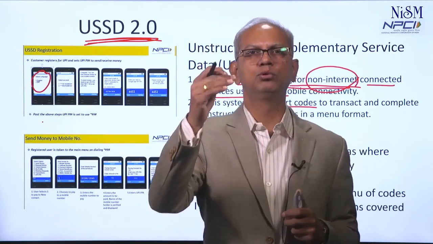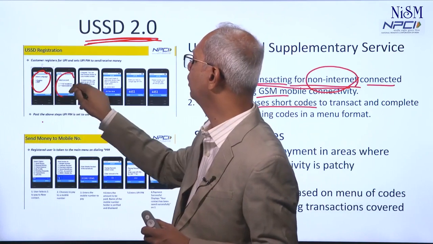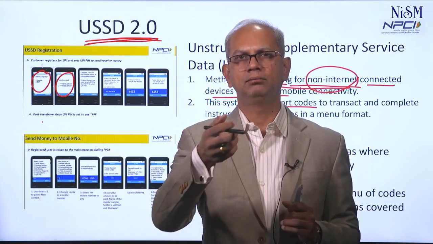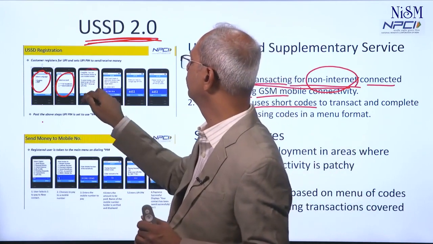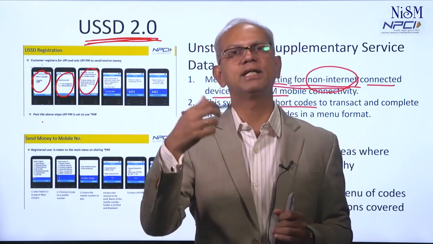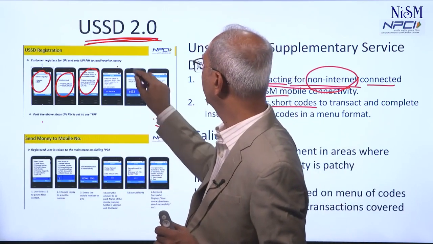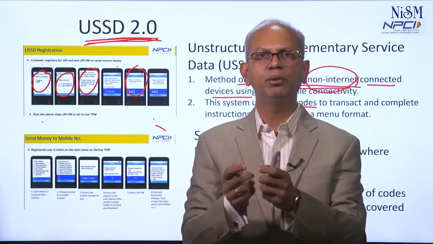It will ask you to choose a language, then you choose, let's say, 1, and then you can go to the main menu by choosing 5. Then it will say use 5 to send money, 6 to receive money, and so on, and within a few steps you can complete the entire transaction by putting in all the details.